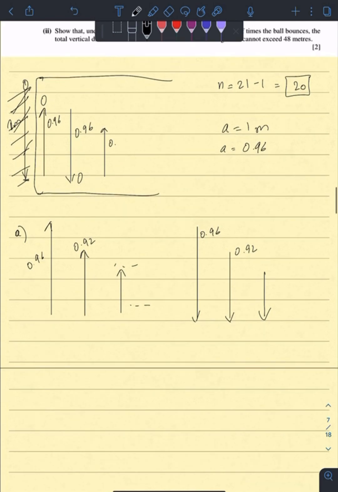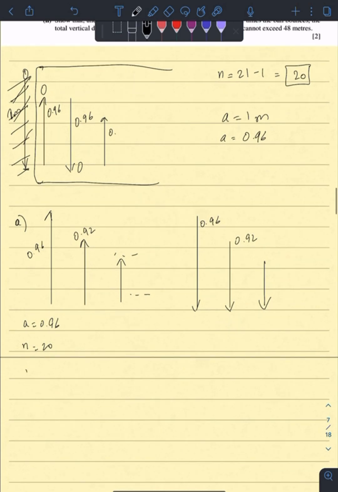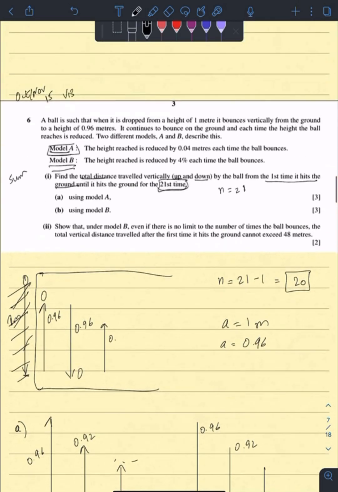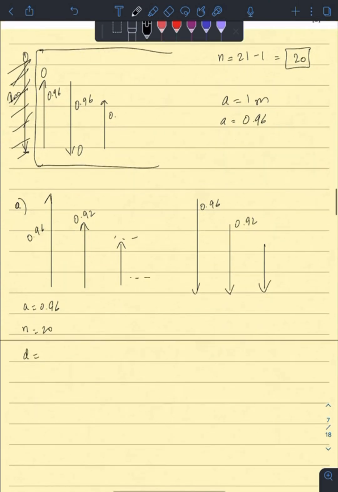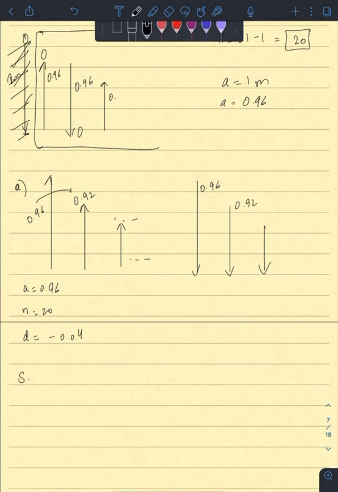Now we have the first term as 0.96, we have n as 20, and the common difference is negative 0.04 because it's decreasing, right? So I will use the sum formula, which is n over 2 times (2a plus (n minus 1)d).